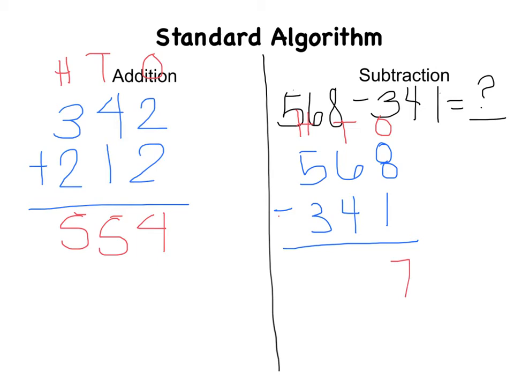Next, we are going to subtract the digits in the tens place. And I know that 6 minus 4 is equal to 2. Finally, we are going to subtract the digits in the hundreds place. And I know that 5 minus 3 gives me 2. So our difference is 227.